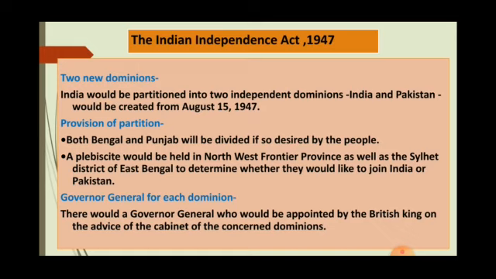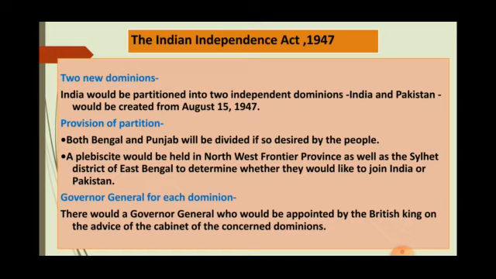As per this plebiscite, the people will decide whether they want to be a part of India or Pakistan.